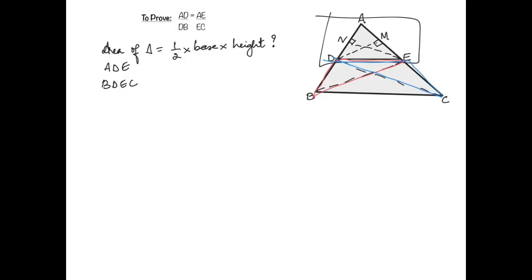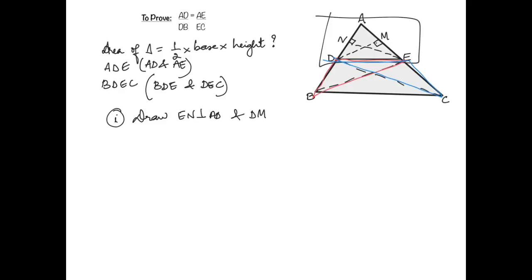In the triangle ADE, we have two triangles with base AD and with base AE, and we have triangles BDE and DEC, right? So we have constructed two things here: draw EN perpendicular to AD and DM perpendicular to AE. And the second construction is that we have to join BE and CD. So these are the two constructions.